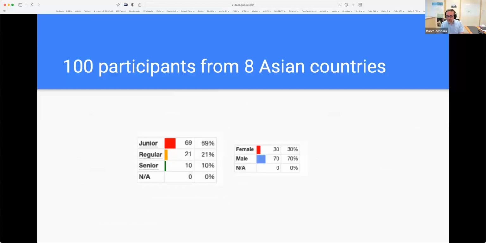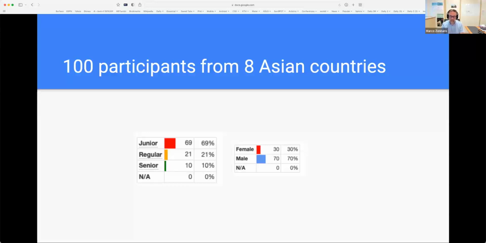Some statistics about the participants. About 70% are junior scientists. We have some regular, what are called regular in the ICTP naming, and we have 10% of senior participants. I think this is quite interesting because we have many PhD students or young postdocs as part of the participants.